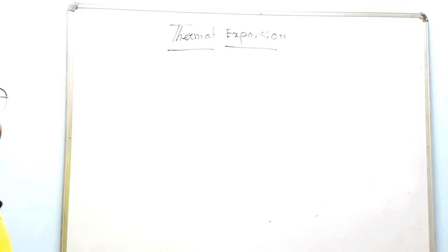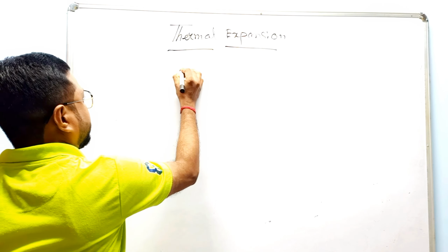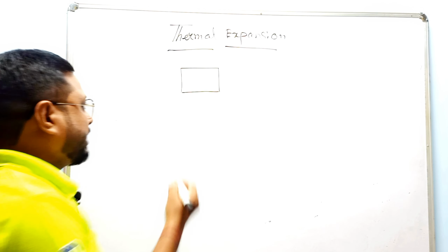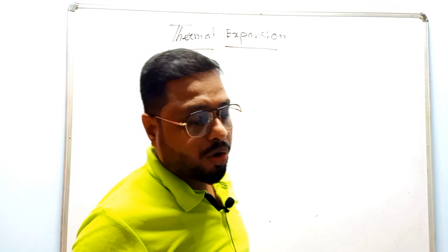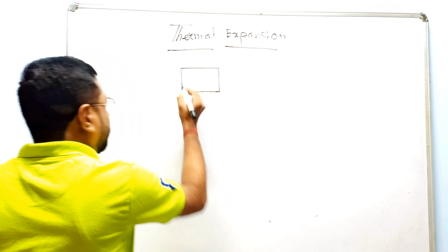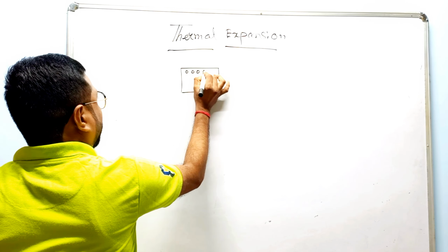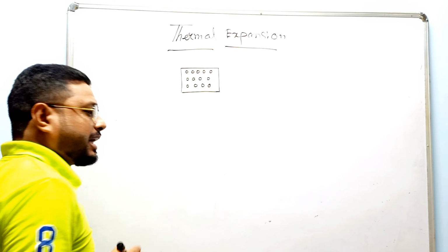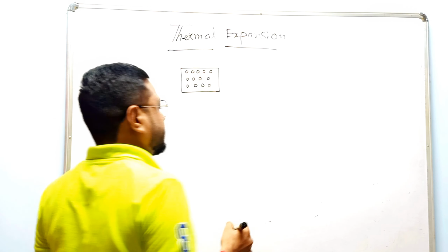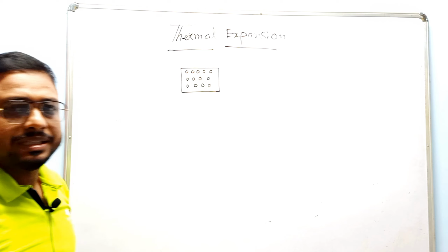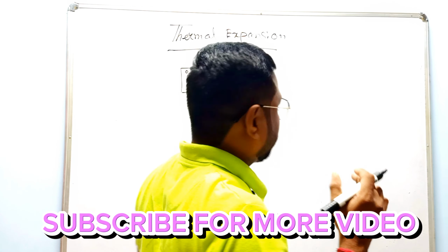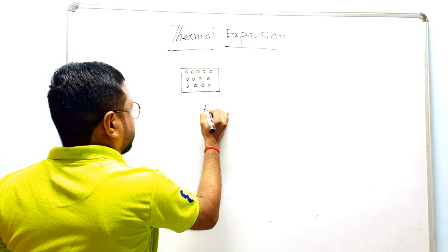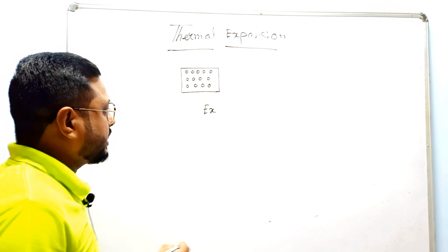When some amount of heat is added to any substance, it increases lengthwise, area wise or volume wise. The molecular attraction of solid is greater than liquid or gas. The molecular attraction of gas is least and that of solid is largest.